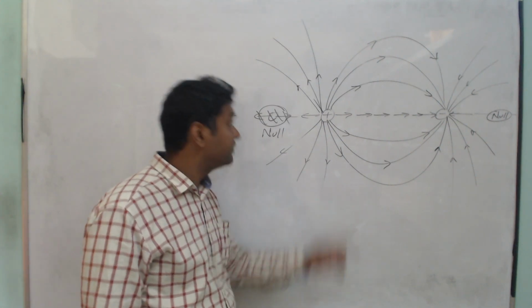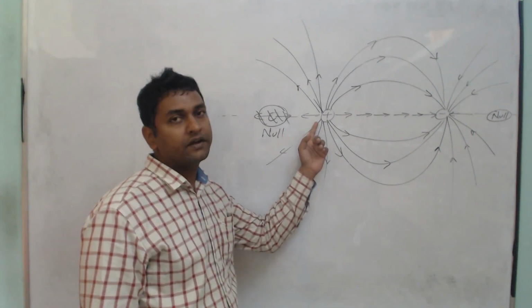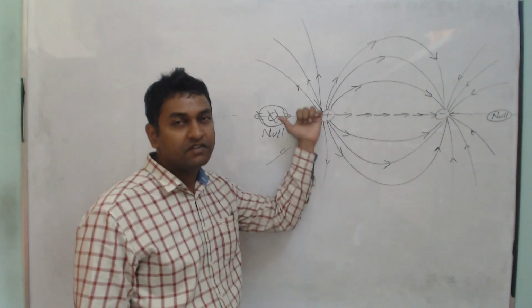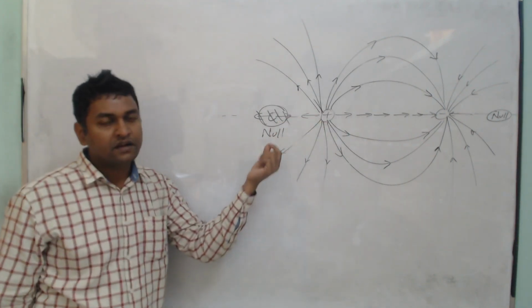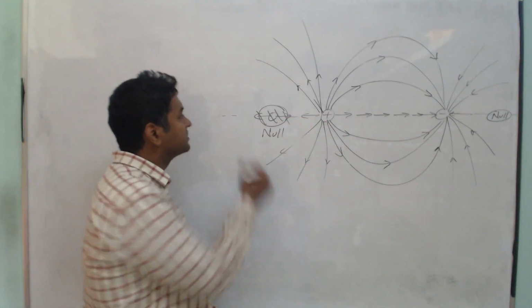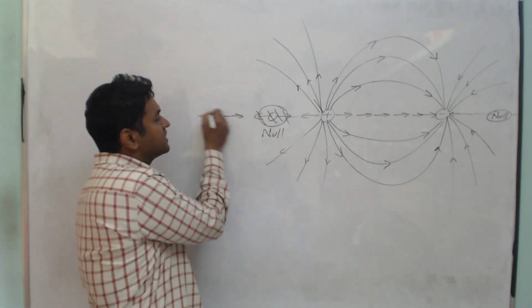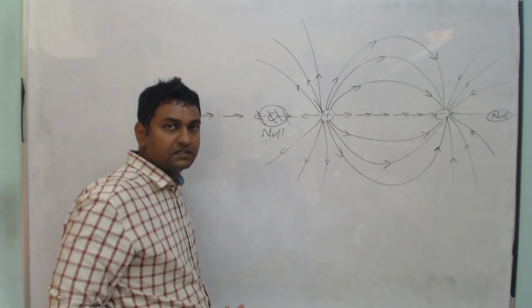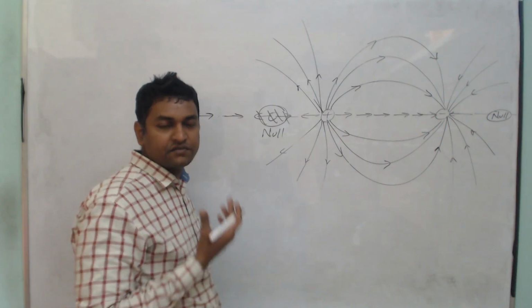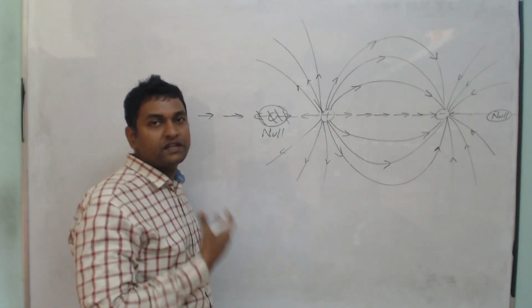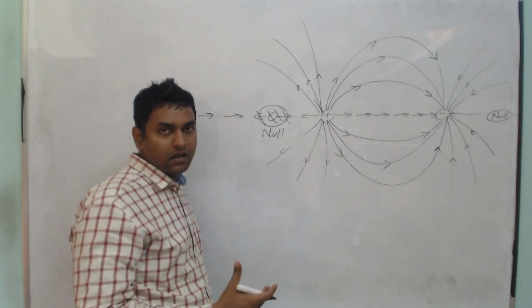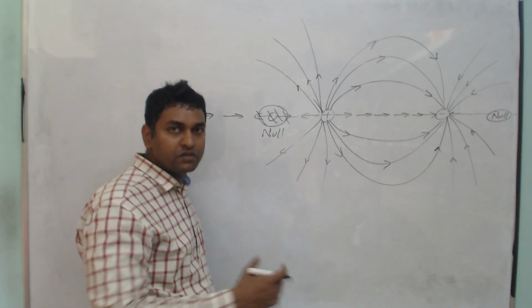If you look at the field line close to the positive charge, it is away from it, and it reaches a null region, then after crossing the null region, the field line should basically reverse its direction. On the x-axis, when you go from -5, -4, -3, -2, -1, and you cross 0, that means you have to go to 1.